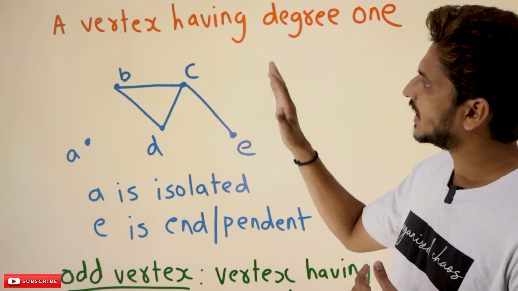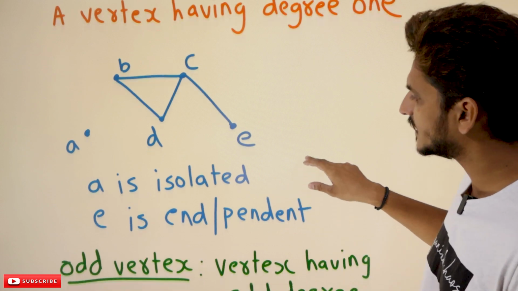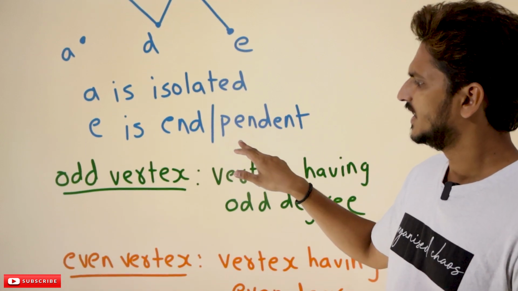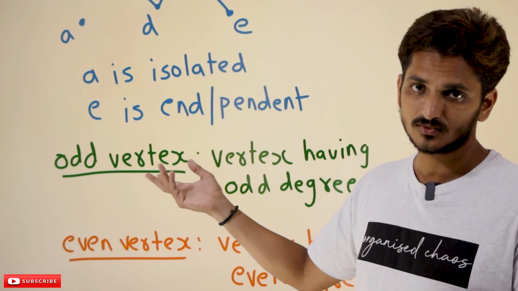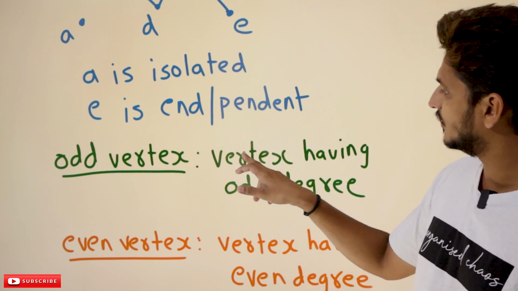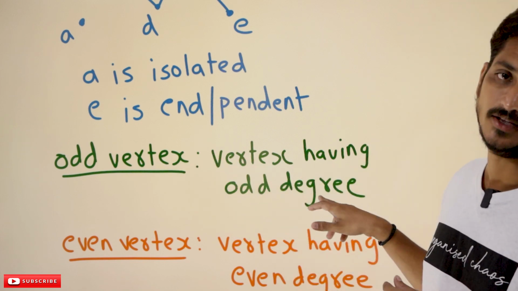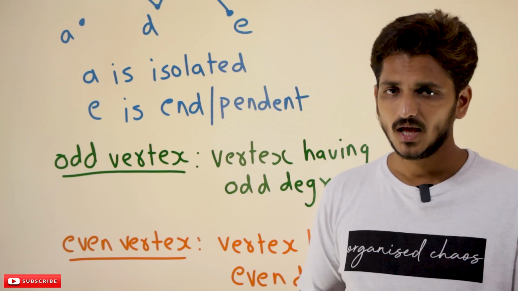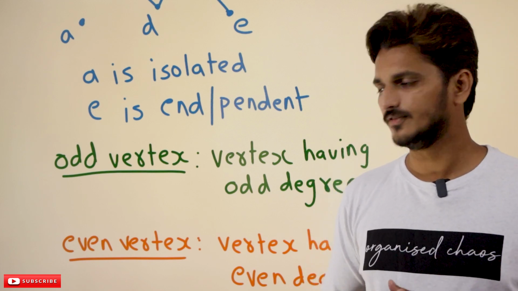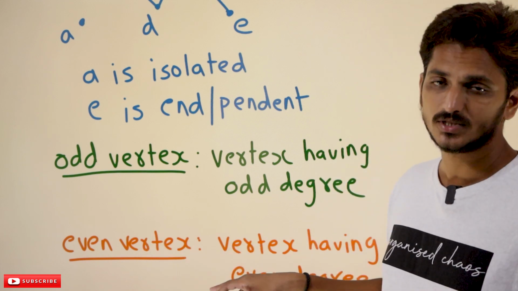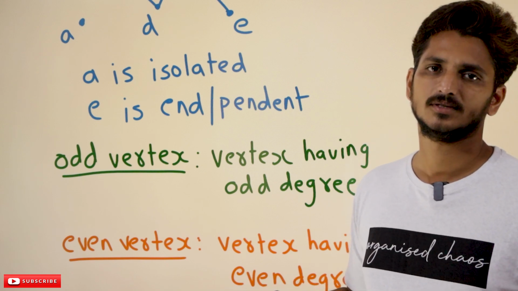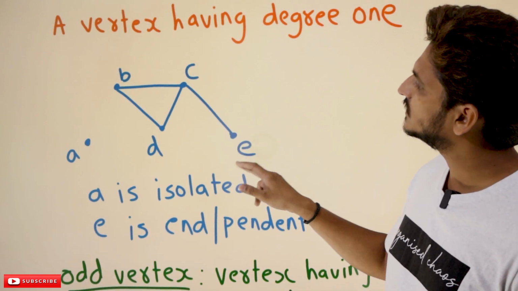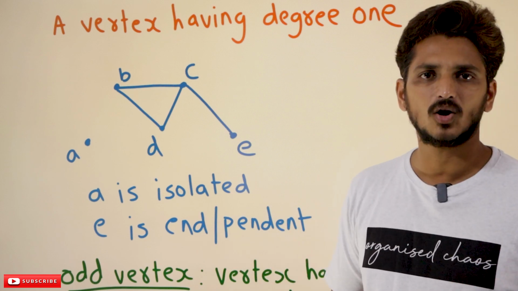Hope you understand what isolated and pendant vertex mean. Next one is odd vertex. As the name says, a vertex having odd degree is an odd vertex. If the degree of the vertex is even, we say it is an even vertex. So in our example, is B an even vertex or an odd vertex?